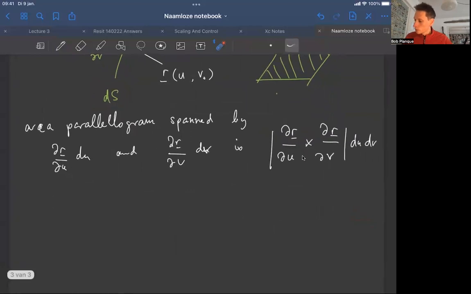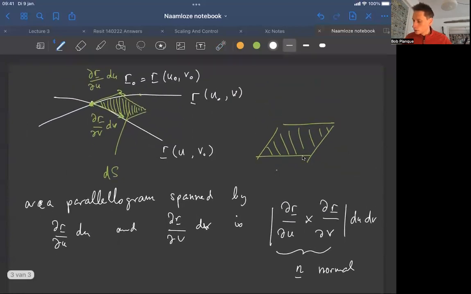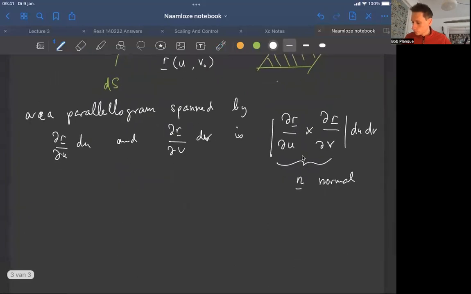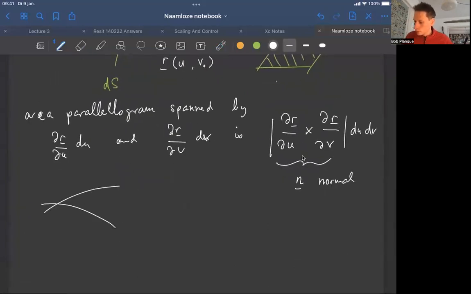And this we also encountered as the normal vector. So in this picture, I also have a normal vector. Let me redraw that over here.